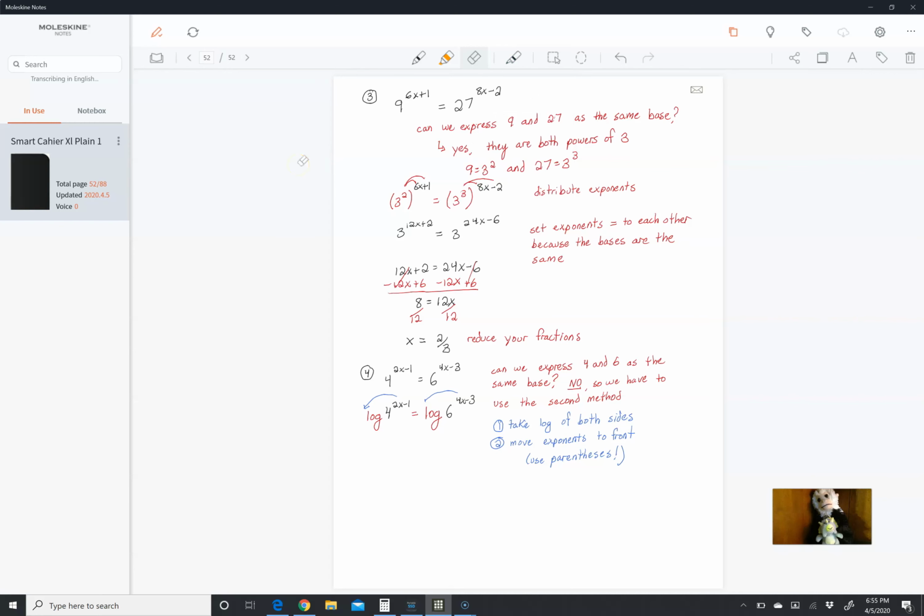So we have 2x minus 1 in parentheses, log of 4 is equal to 4x minus 3 in parentheses, log of 6.